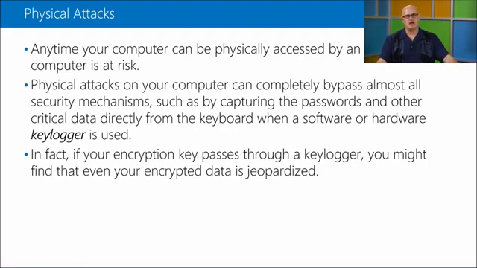Basically, anything you type on the computer is buffered into a file, which the attacker can retrieve at a later time. Another thing they could do with physical access is use a USB to possibly run an executable. So you want to ensure that attackers don't have physical access to your computer.